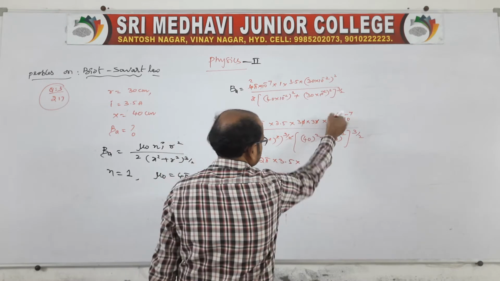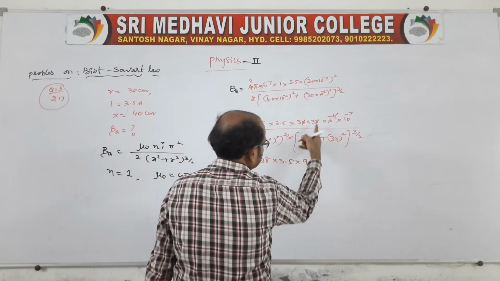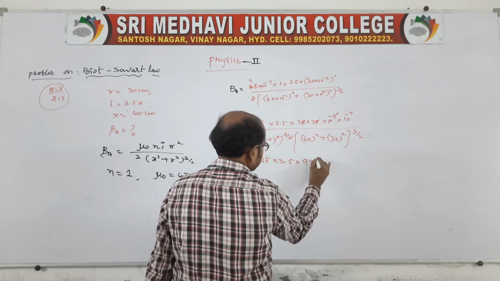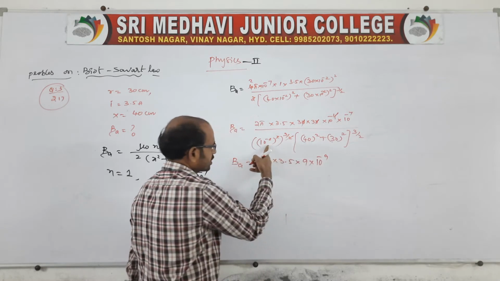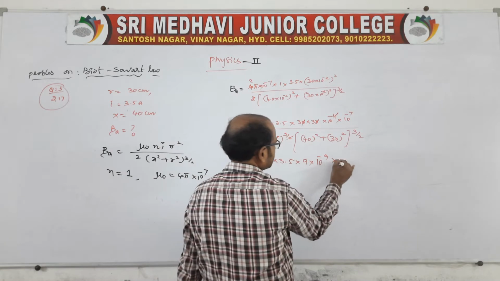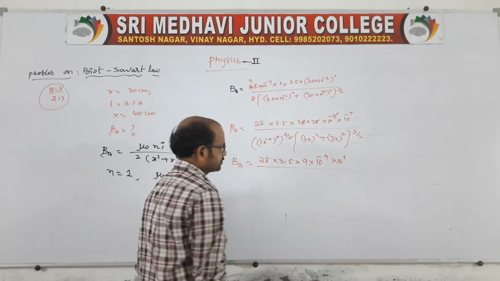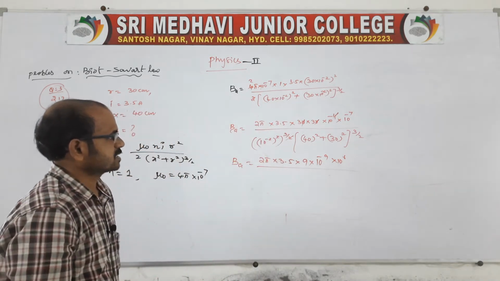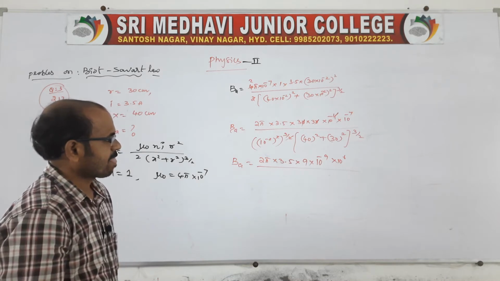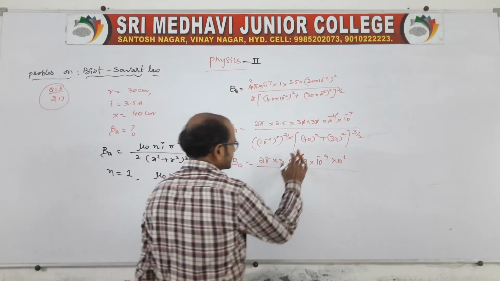So zeros are cancelled. 9 into 10 power minus 9, right? Here also 10 power minus 6 is there, no? This you take up plus 6 by here. 40 square plus 30 square, no? Yeah, better you write like this.